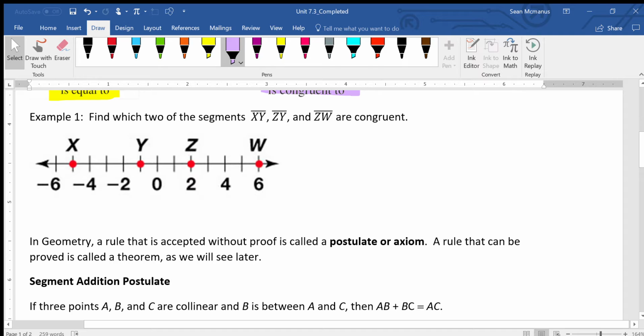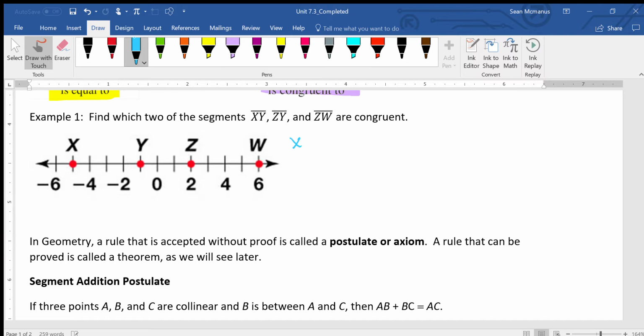So find which of the two segments are congruent. Segment XY, remember we're talking about a length, so no bar on top, and that's going to be equal to some number. I could use my formula, but this is pretty simple. I can just see that it's 1, 2, 3, 4 units. ZY is 1, 2, 3 units, and ZW is 1, 2, 3, 4 units.